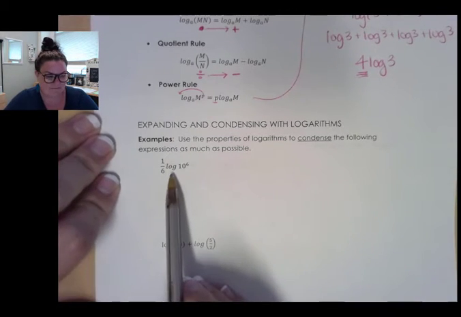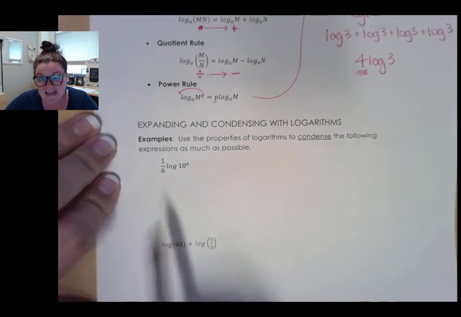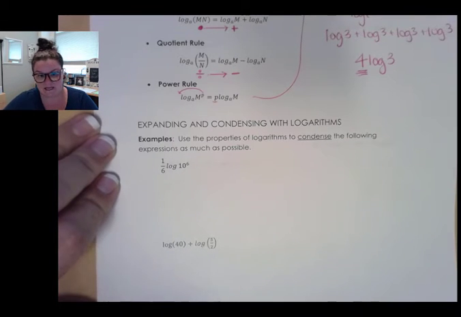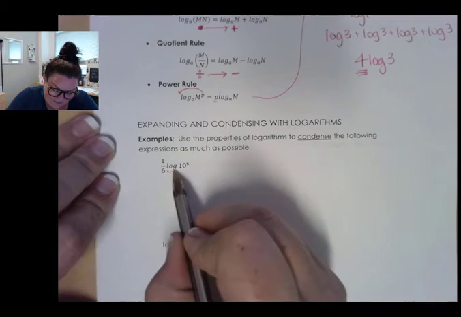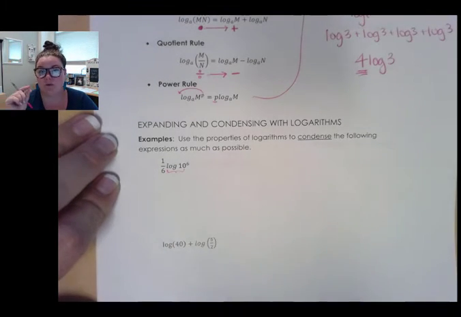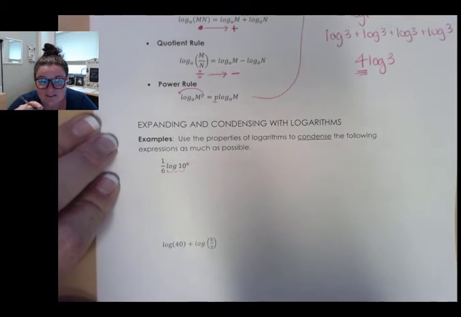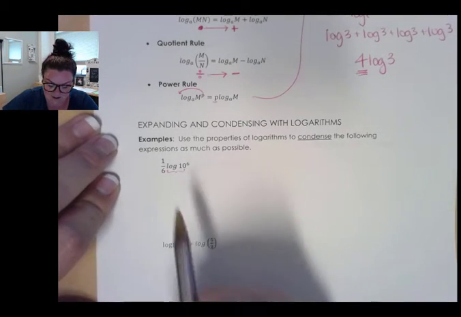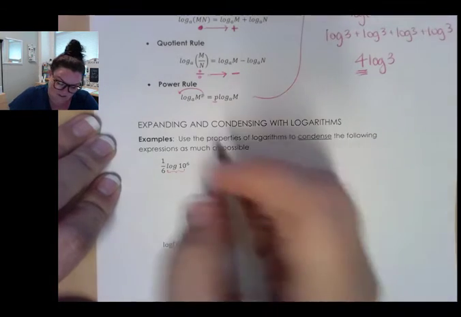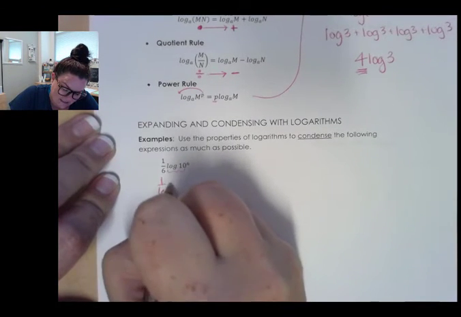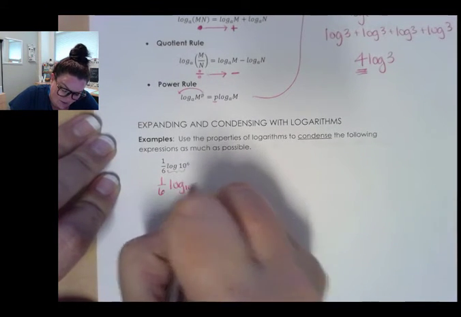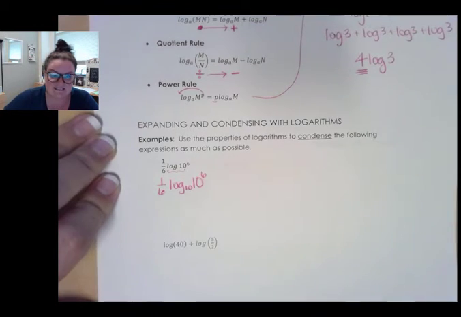So let's look at this first one. The first thing that I notice personally is that I have log 10. That stands out to me because when we have a log and there's nothing written in the subscript, that's a log base 10. So this is the same thing as saying 1/6 times log base 10 of 10 to the 6th.